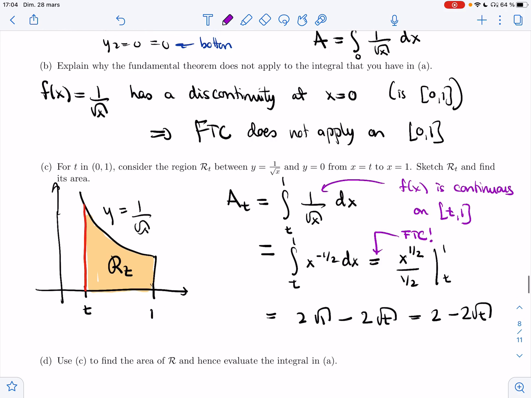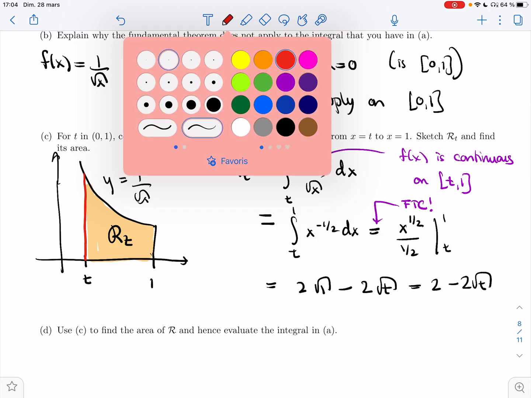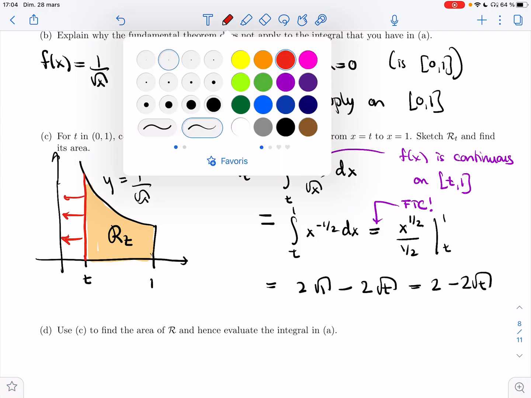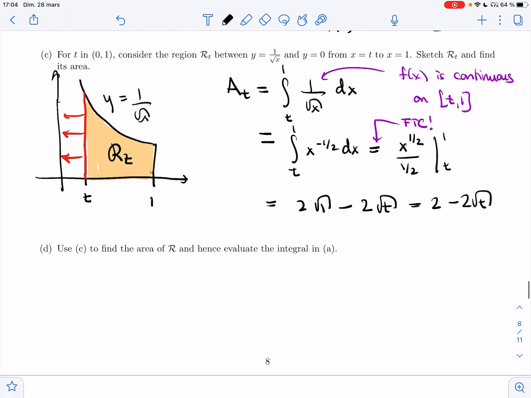All right, so I cut my region a bit before 0 so I can use FTC, and then I'm going to let that t approach 0. All right, so A should be the limit as t goes to 0. Notice that all my t values are bigger than 0, and that's because I want to make sure that f is continuous from t to 1.